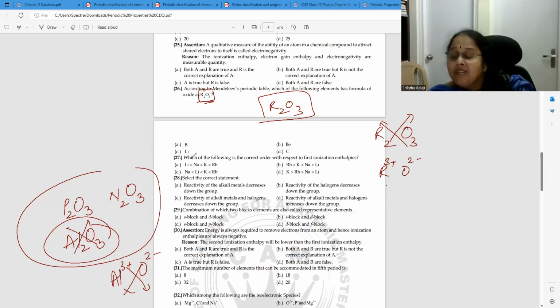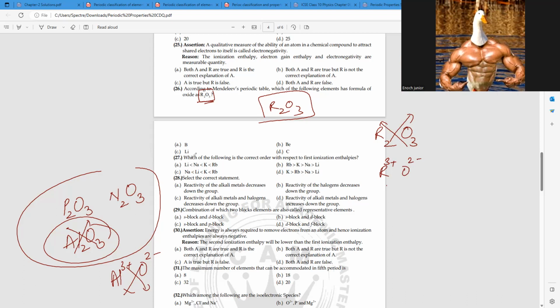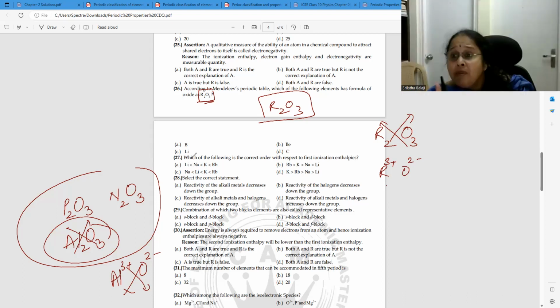The group number gives the valency, because the valence shell electrons remain the same in the group. If you know the group numbers of these elements, you'll know the valency.